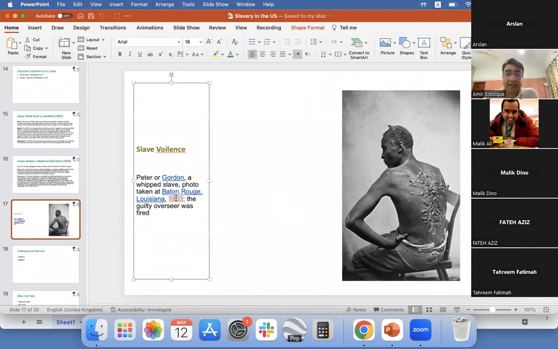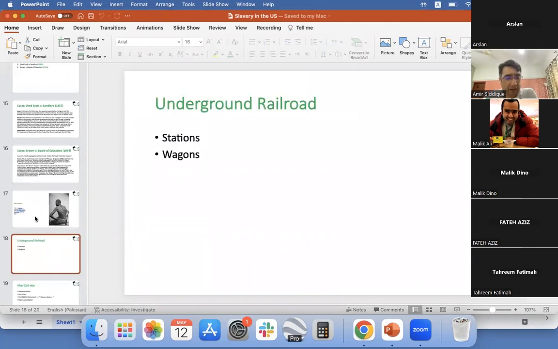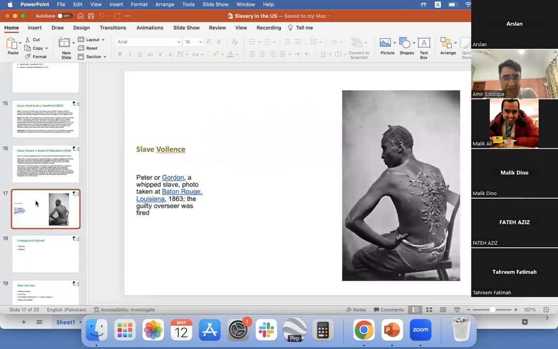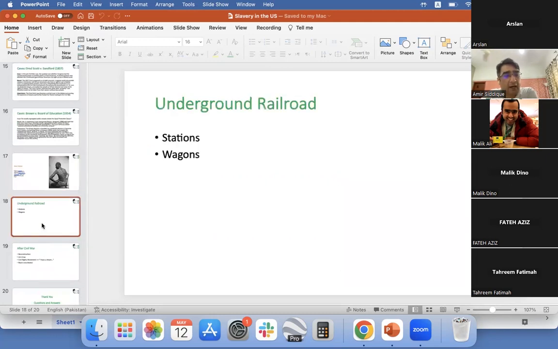Imagine what was happening a century or 2 centuries before, right? So you would see this picture in many books and literature. So keep that in mind. When we study slavery, we should keep those images in mind and understand the context and depth of human rights violations and all that.